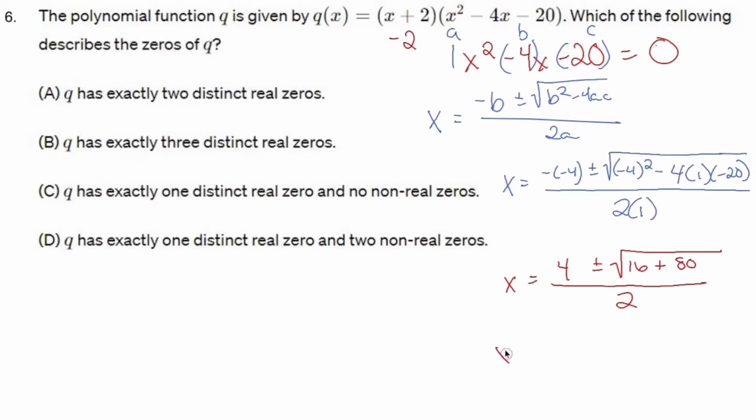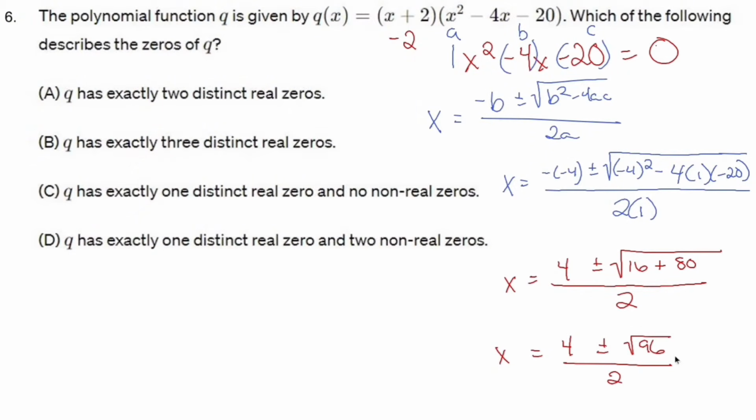Okay, x is going to equal 4 plus or minus the square root of 96 over 2. I don't know what the square root of 96 is, so how am I supposed to do this without a calculator? Oh, wait a minute. I don't have to. It's just asking me how many answers I would get.